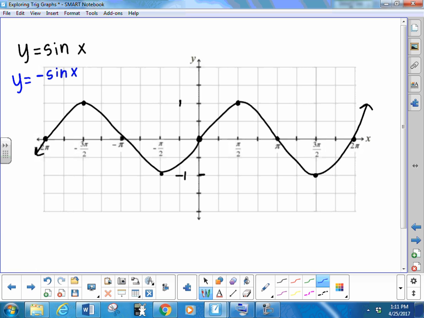Our a now is negative 1. So 0 times negative 1 is 0. 1 times negative 1 is what? What's 1 times negative 1? The 0 stays where it's at. Negative 1 multiplied by negative 1 is positive 1. And that stays 0.